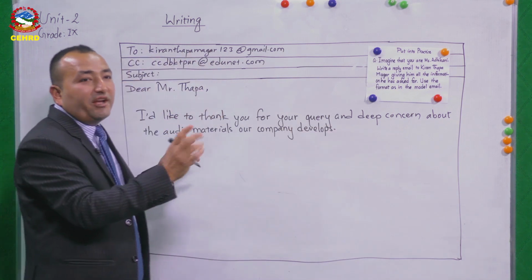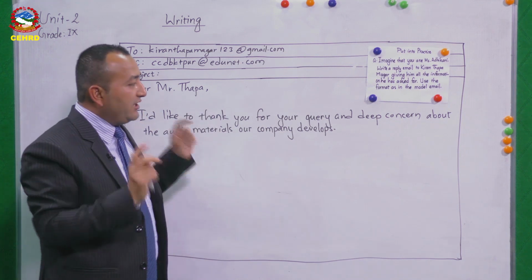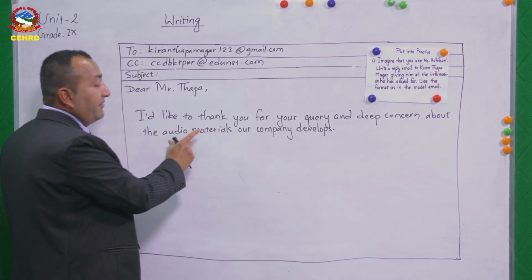Okay, this is just the beginning. Clear cut. What you want to introduce, this is the topic sentence, or give a clear idea in one sentence. This is the proper beginning.